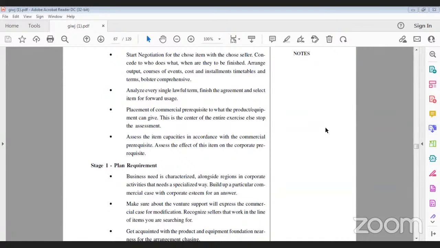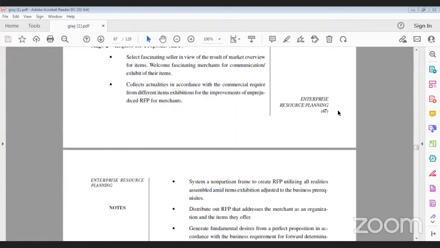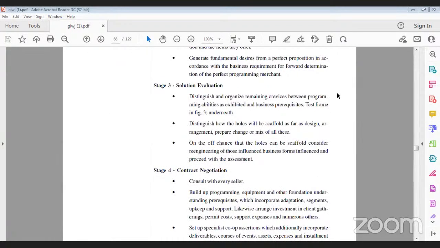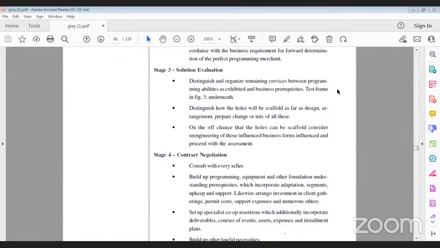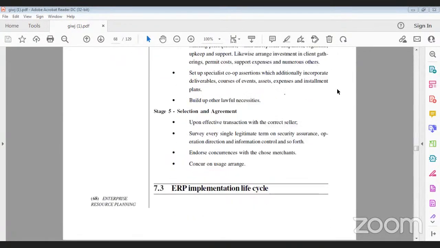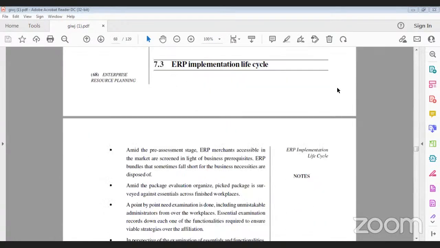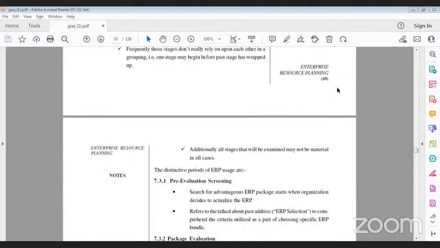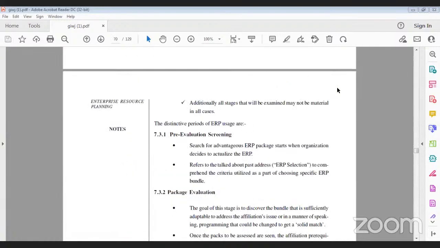And package evaluation. The third point is the project planning phase, and the next is gap analysis, then re-engineering, then configuration and implementation, team training, then testing. Then there is going live.